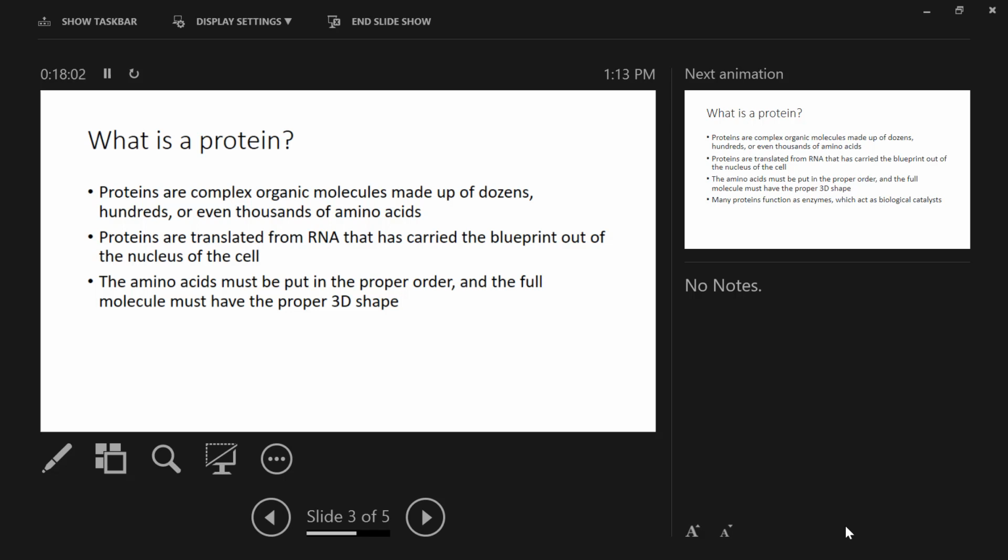So you have to take the amino acids and put them into the proper order, and then you need to take that string of amino acids, now this whole molecule, and fold it into the proper three-dimensional shape. And only then do you have a protein.